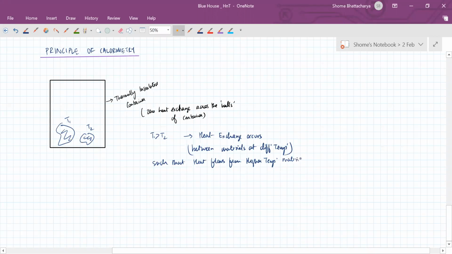That is, the temperature becomes uniform. Okay, so thermal equilibrium means uniform temperature.